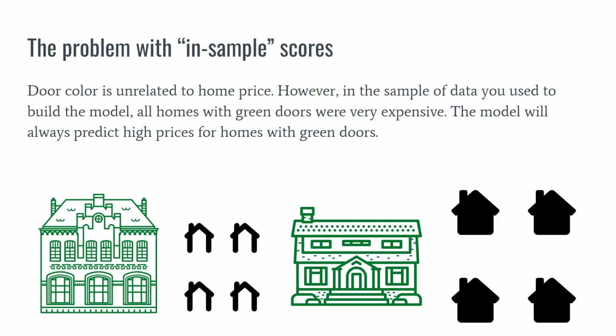So it will see this pattern and it will always predict high prices for homes with green doors. Since this pattern was derived from the training data, the model will appear accurate in the training data. But if this pattern doesn't hold when the model sees new data, the model would be very inaccurate when used in practice.